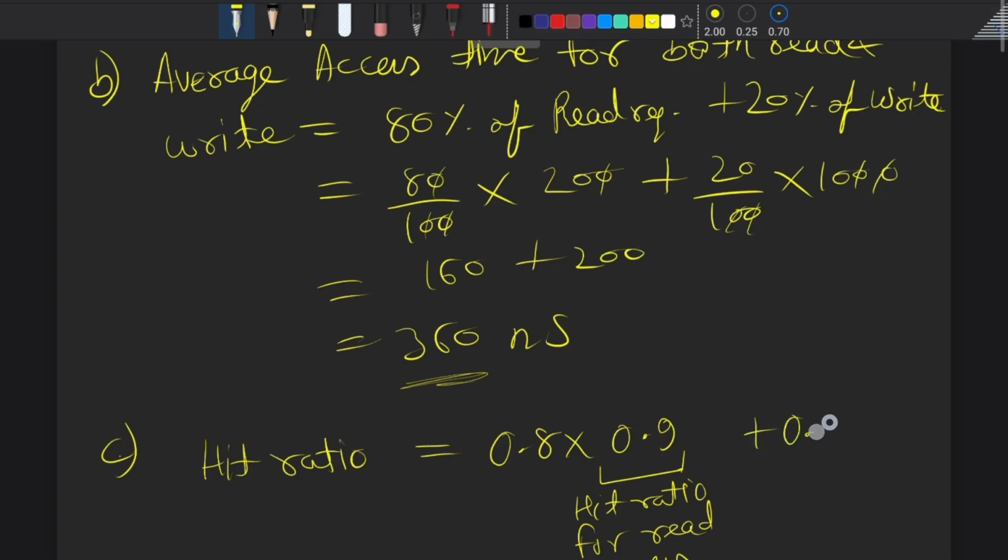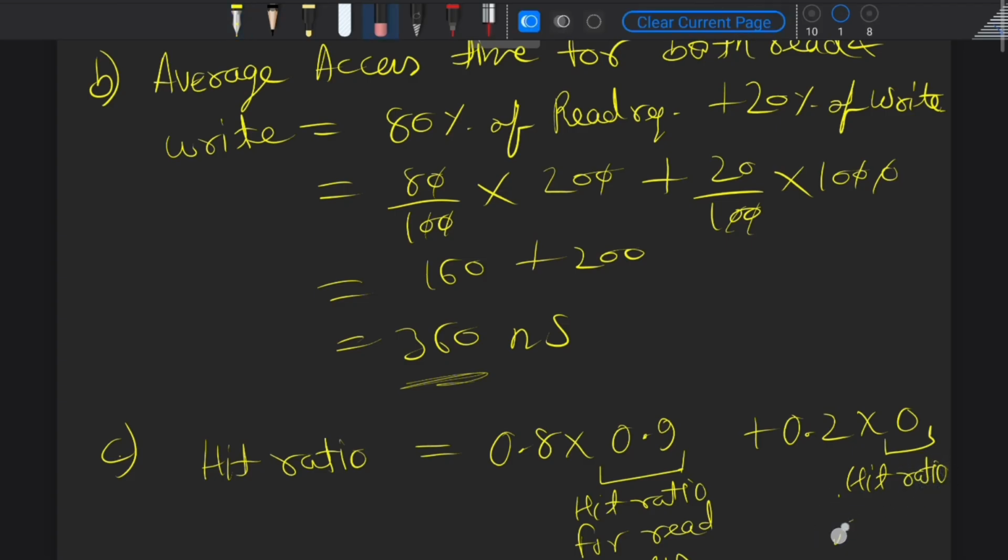plus 0.2 into 0. Why I have written it 0? Because hit ratio for write request is always 0, as of course you can't find a write request in cache, you will have to write it in main memory.